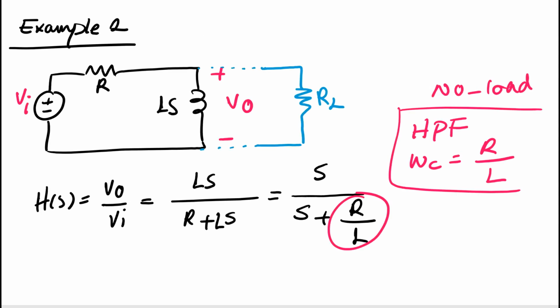Okay, so in order to find the transfer function, this time I'm going to use another voltage divider to describe VO over VI, but the difference is that this time I have to focus on both of these two as the component that I have the output voltage across.